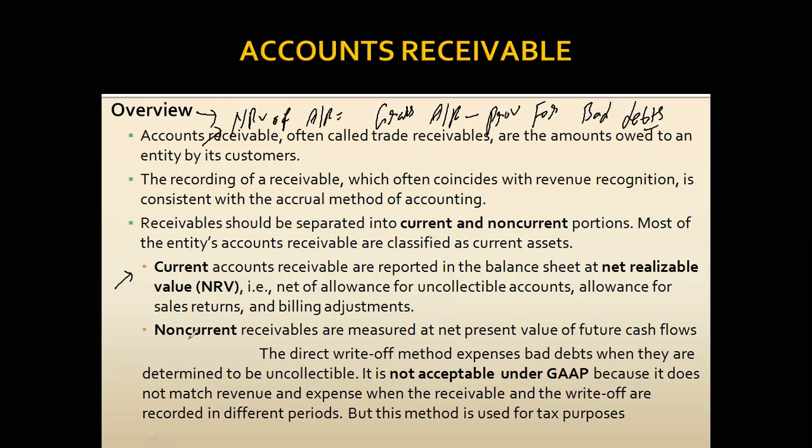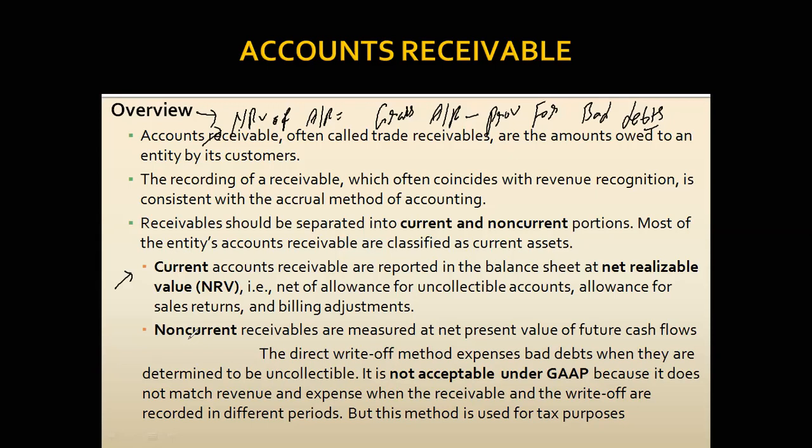One thing we need to recall here: the book is giving us a reference that the direct method is not allowed as per GAAP. The direct method of recording bad debt expenses is not allowed as per GAAP. So we are going to discuss the meaning of the direct method and the indirect method. Very simply, the direct method is the one in which you directly record the bad debts without having any provision for bad debts.